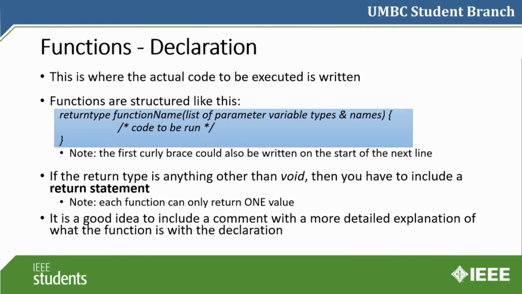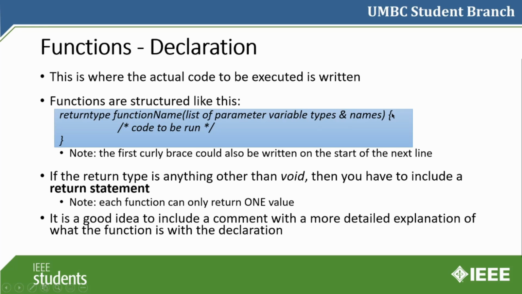So as far as declaring a function, the first part of it would be equivalent to the prototype, assuming that you added the names of the variables. And afterwards, that would be followed by these curly braces with the code that would be run by the function in between. You would also add the return type in here. And it is also worth noting that this is not the only method for having the curly braces.